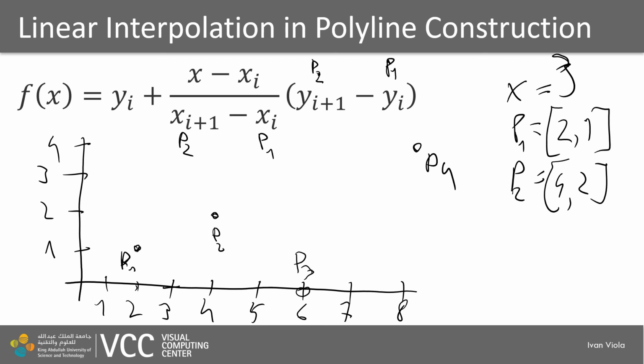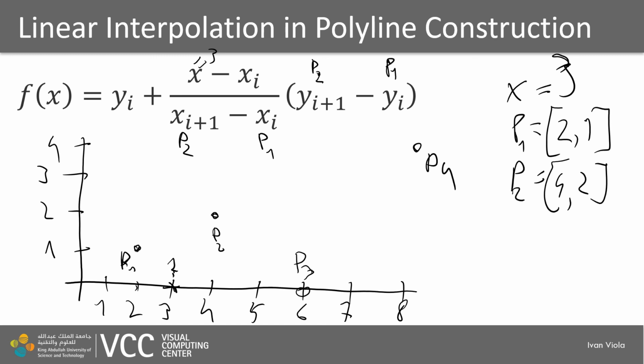Now, for the position here, we know that x equals 3, and we would like to know what the y value is. So x equals 3 minus x_i, which in our case is the x coordinate of P1, which is 2. So 3 minus 2 is 1.